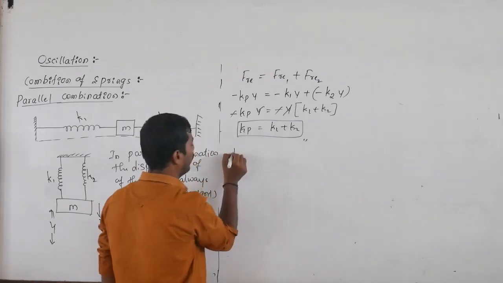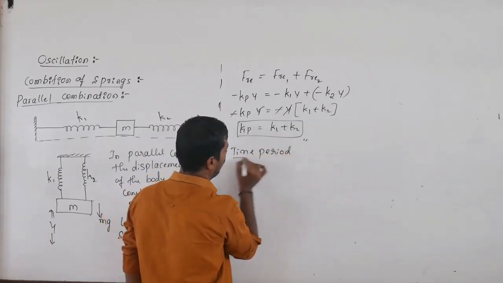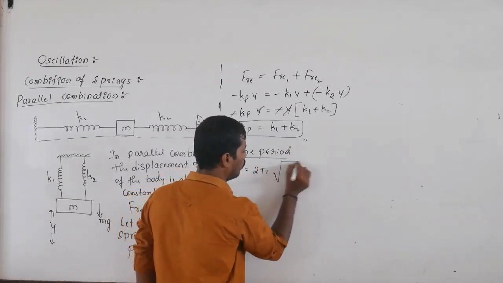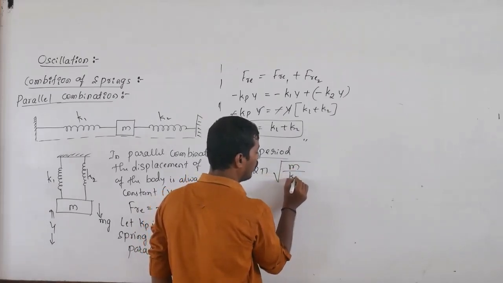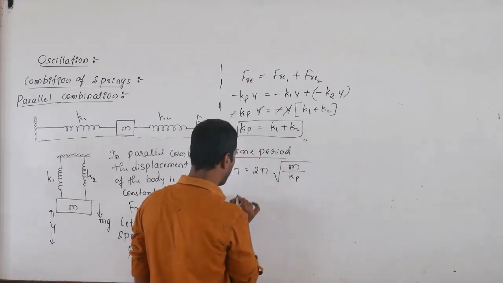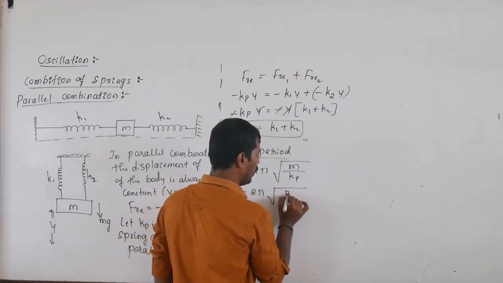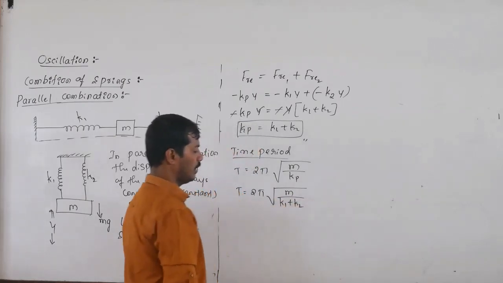Then what about the time period? The time period T is equal to 2 pi under root M by K. M divided by the parallel combination Kp. Then totally it becomes T equals 2 pi under root M divided by K1 plus K2.